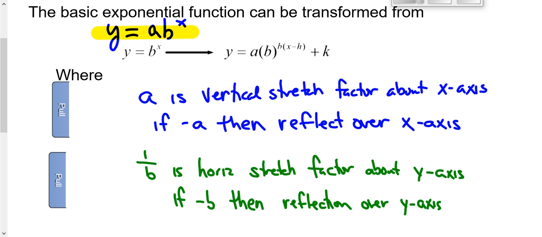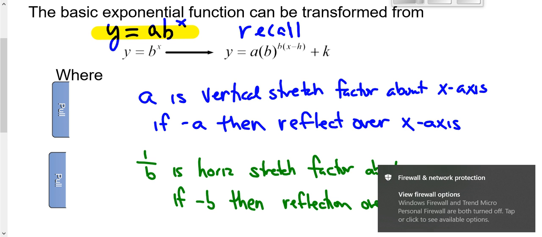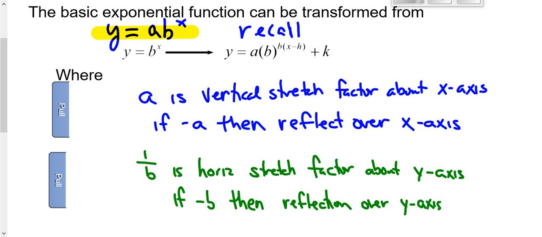Alright, so on second thought, I thought it would be a good idea for me to write down the general formula for transformation so that you can compare the transformation for a general function and this one here for the exponential function.